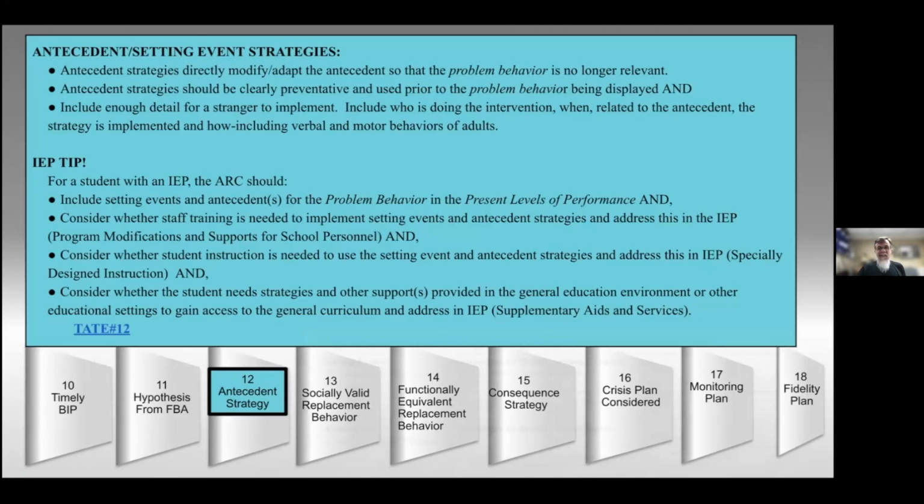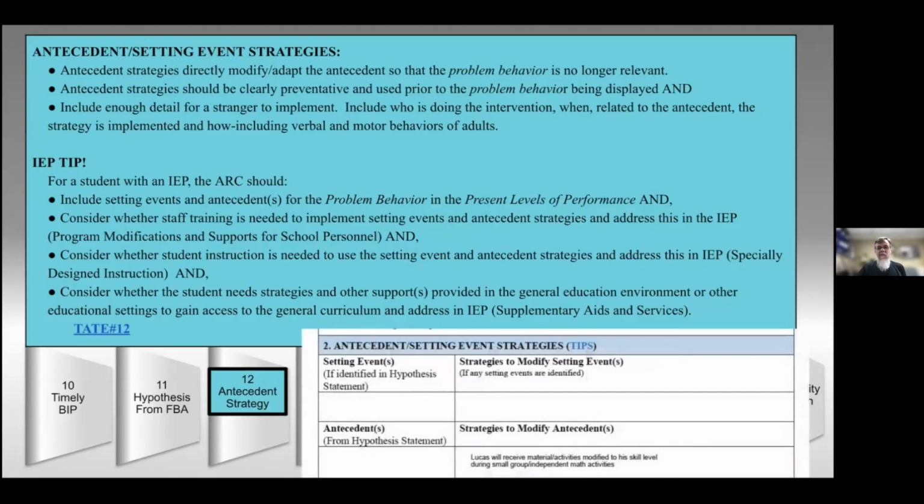So then our next thing we'll want to talk briefly about is antecedent or setting event strategies. Kiddos may miss the bus, may get to school late, and they've missed breakfast. I've had kids come into the classroom, didn't get breakfast, all out of sorts because first they missed the bus, threw their routine off, then they missed breakfast. Now what are they going to do?